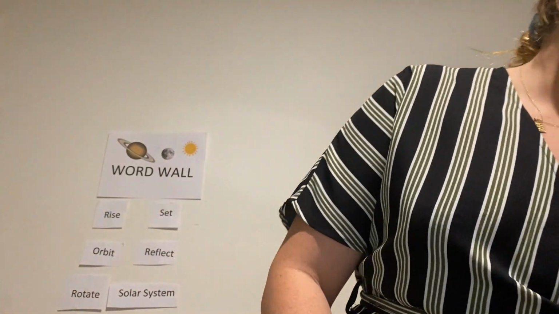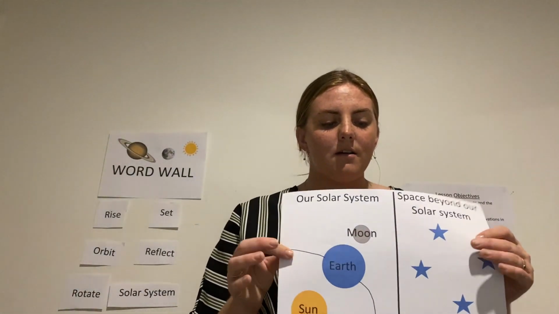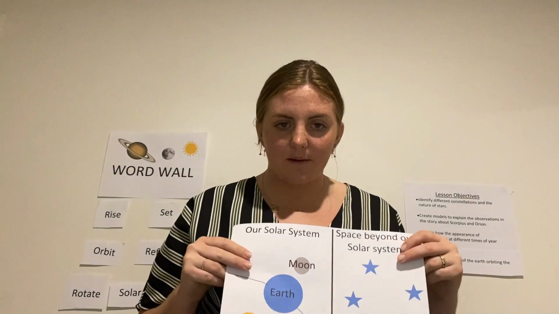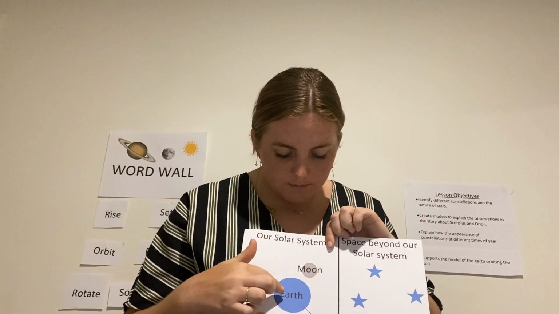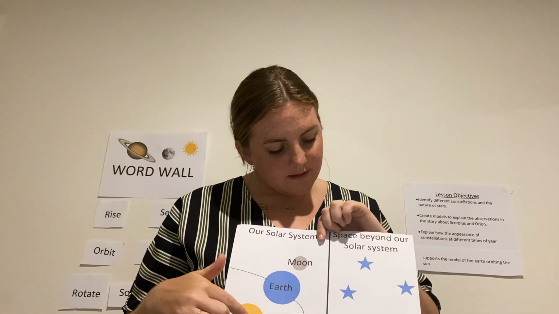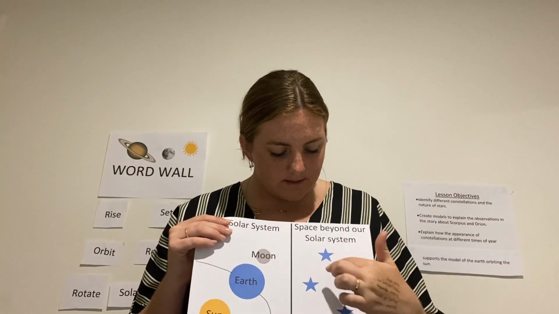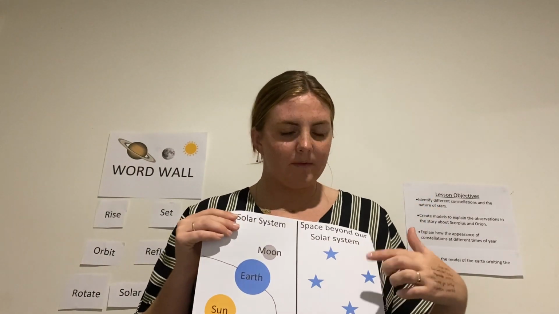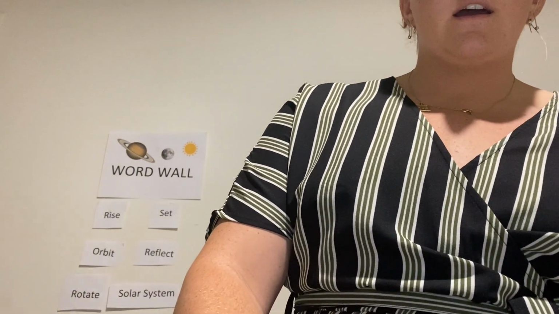So, I have a graph, a model here of how I want our classroom to be set up. So we're going to have a person being the earth, the moon and the sun, and we've got our stars here as well. I've set out an area on our floor that we're going to stand in, and it's going to resemble our model here.